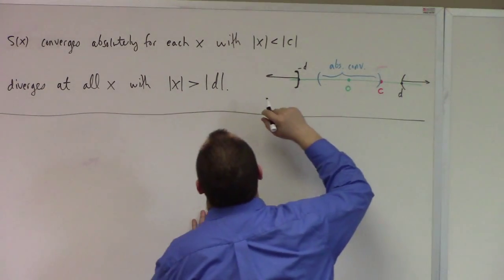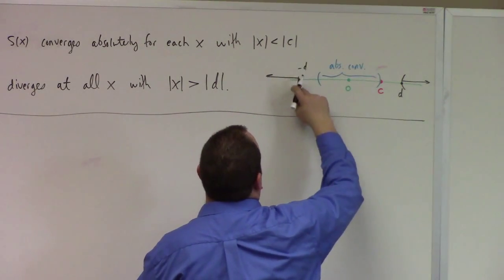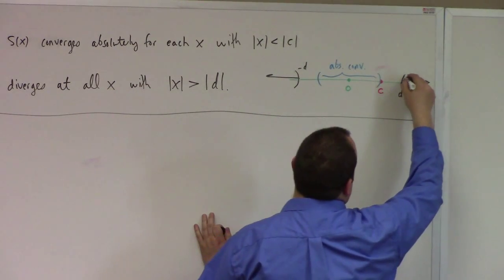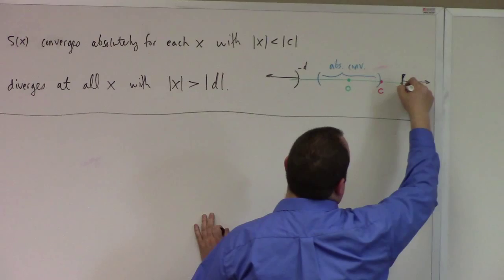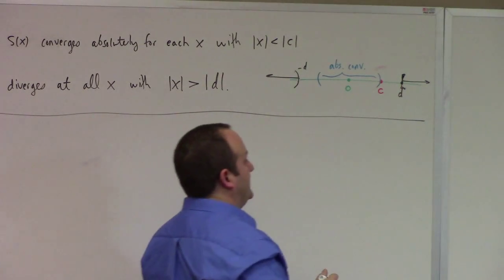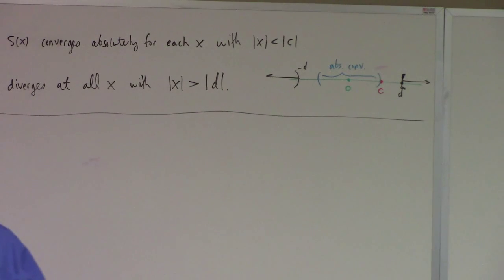Well, no, we don't get included. We get possibly at D, possibly at minus D. Now we're given that it diverges at D in this second statement. So what it's saying is that if it diverges at D, then it has to diverge for everything larger than D, and also everything that's larger than D in magnitude in the other direction.